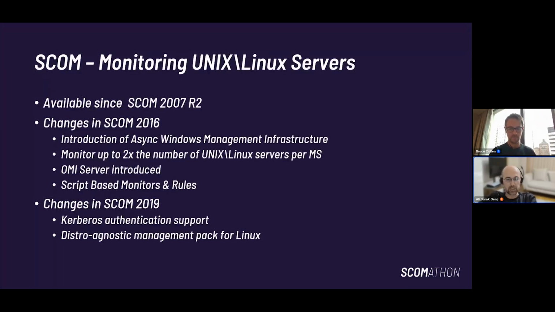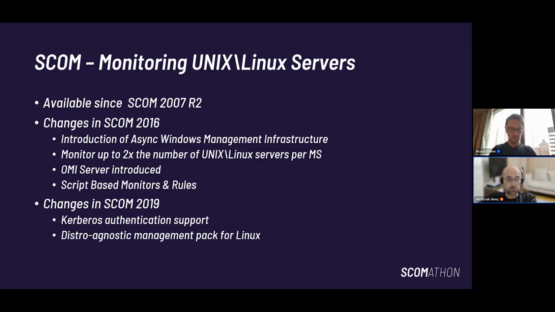Unix and Linux monitoring has been available in SCOM since SCOM 2007 R2. I was not using SCOM back then, and I have no idea what it looked like, but I have been managing SCOM environments with Unix and Linux in it for more than 10 years now. Most of this time has been on SCOM 2012, which was a bit different in terms of agent and management because of the changes related to Linux monitoring released with SCOM 2016.